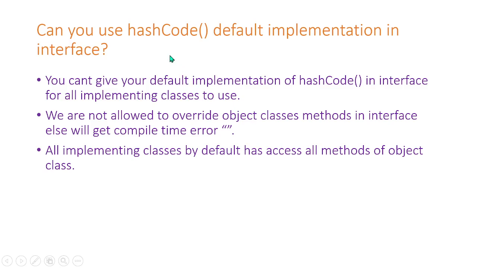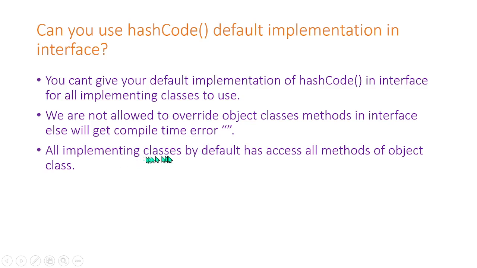If we try to use an Object class method as a default method, we'll get a compile time error, okay. So don't think that the hashCode method will provide our default implementation in an interface so that anyone can use that. That means we cannot use any method of the Object class as a default method, okay.